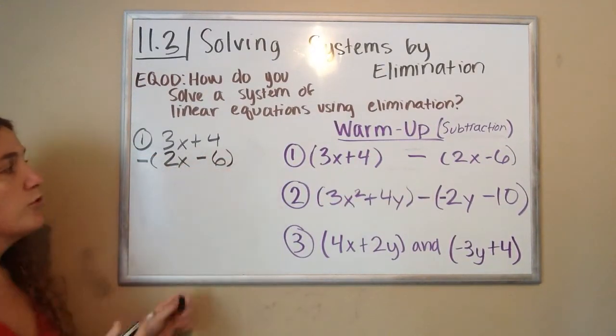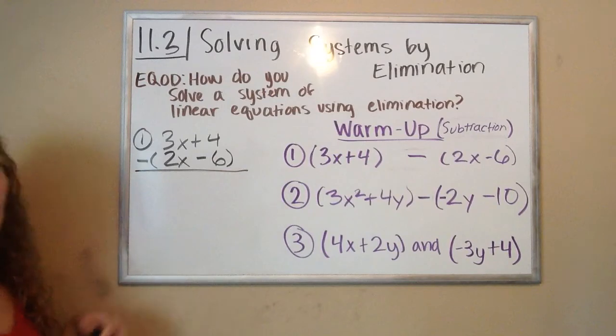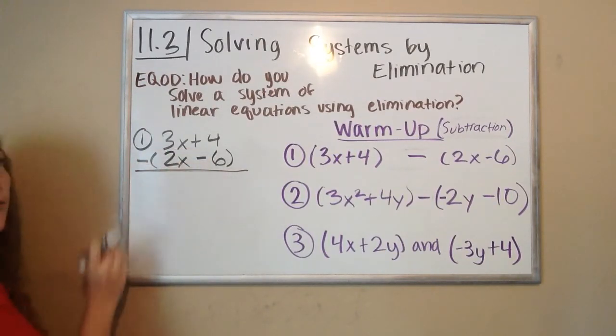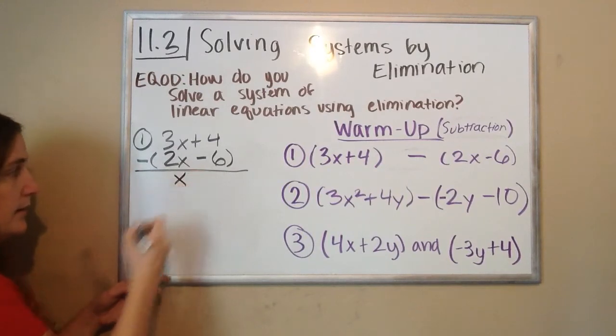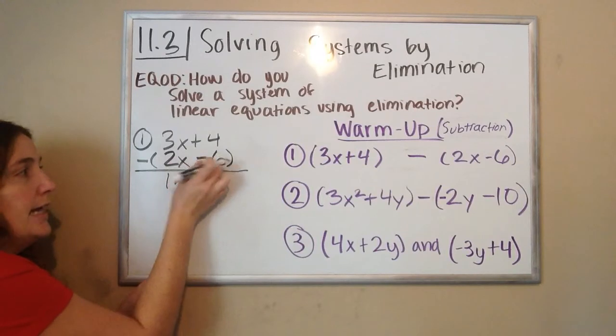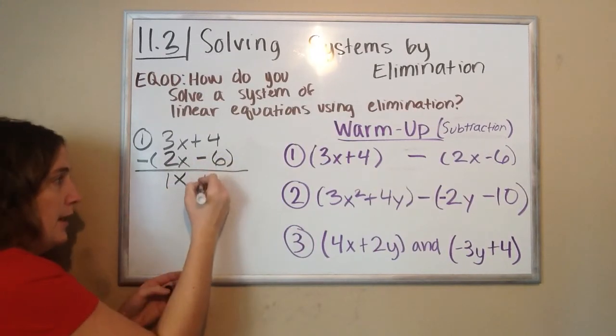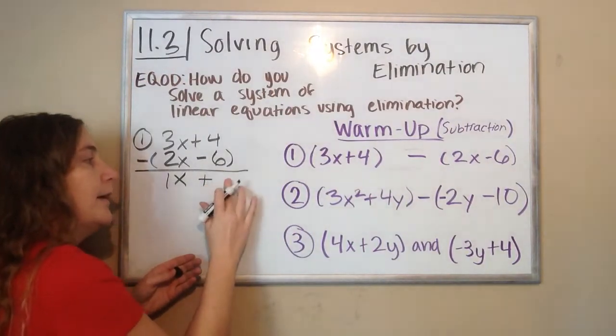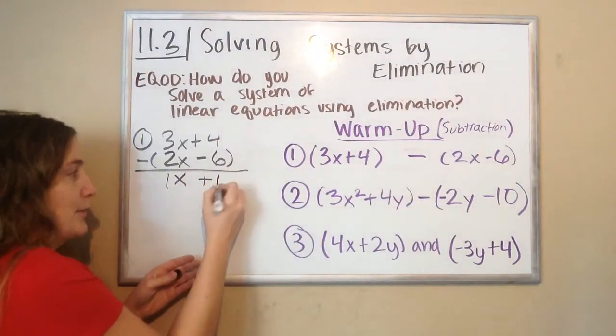So I'm subtracting. When I read this, I should be reading 3x minus 2x. That's 1x. 4 minus a negative 6, nope, it's 4 plus 6, which is 10.